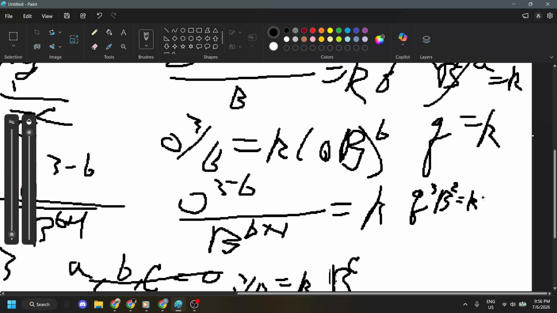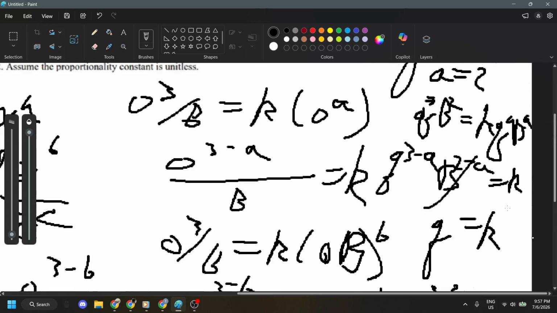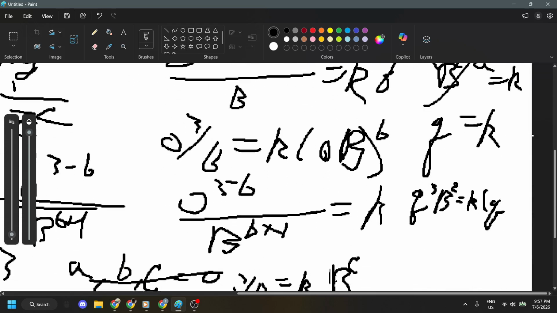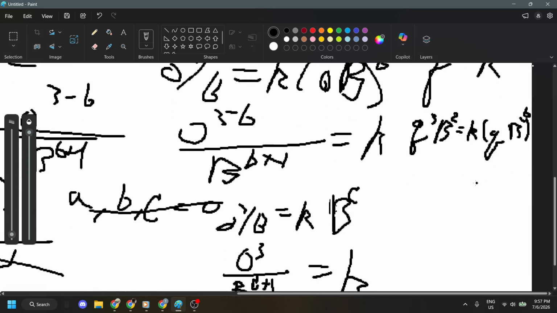And then oingo-boingo, I'll use q, why not? So it's q boingo squared to the b. So it's a q cubed boingo squared. I'm gonna use k now.